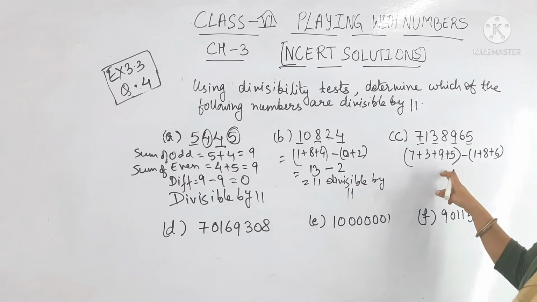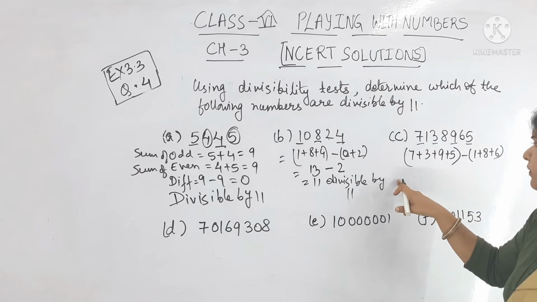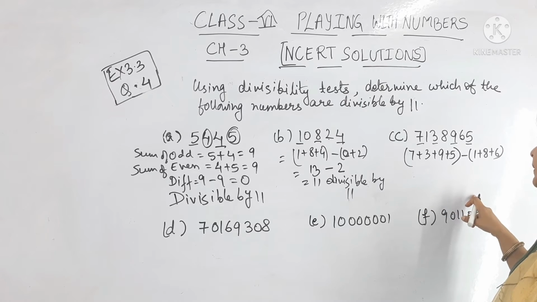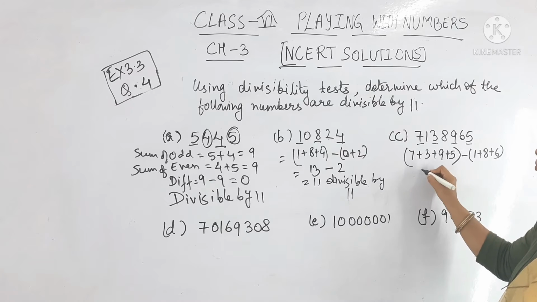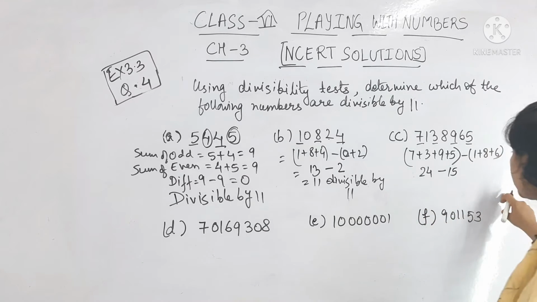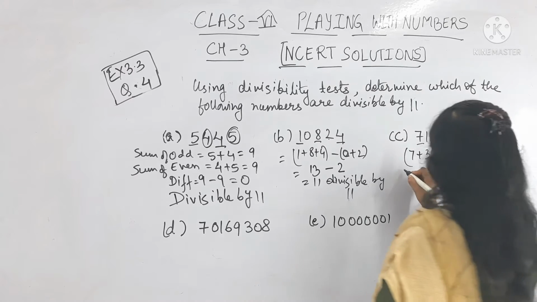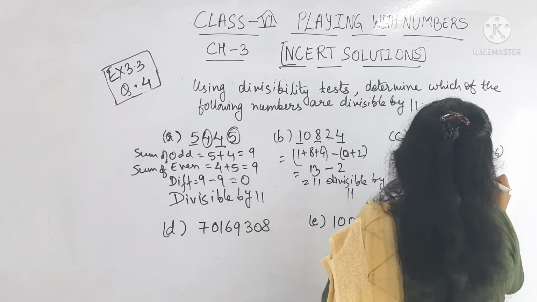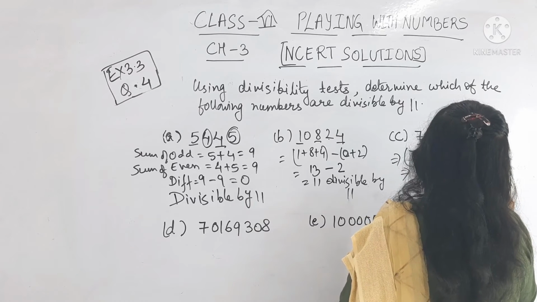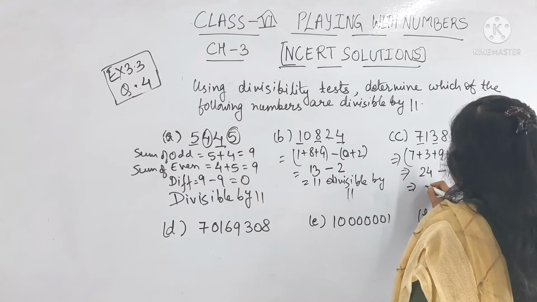Doing the sums, I am getting 24 minus 15, which gives 9.